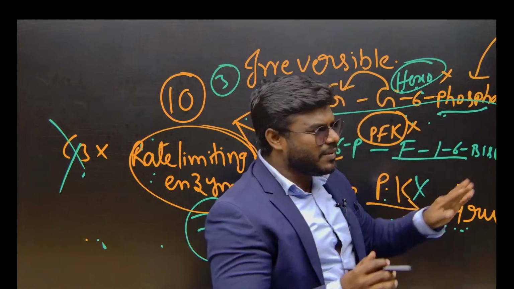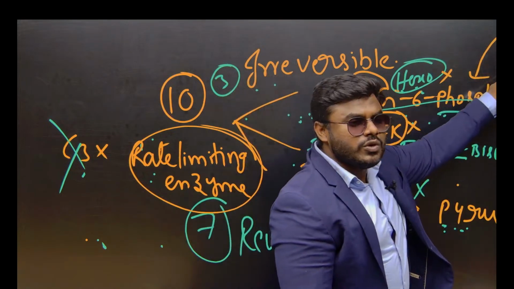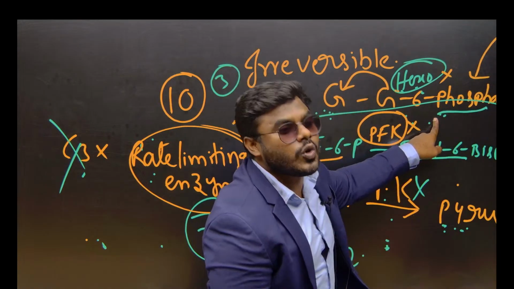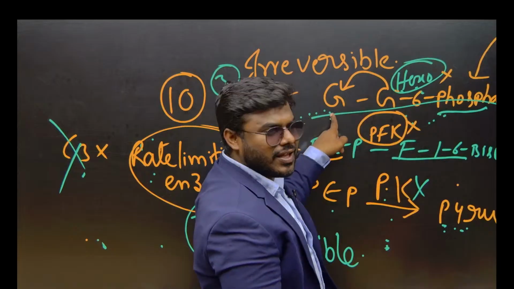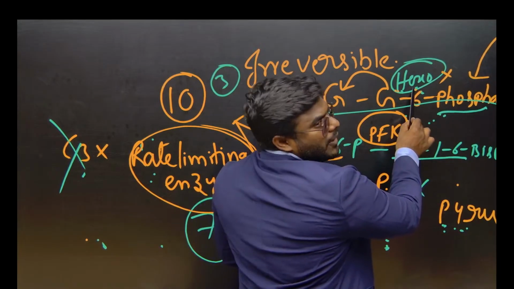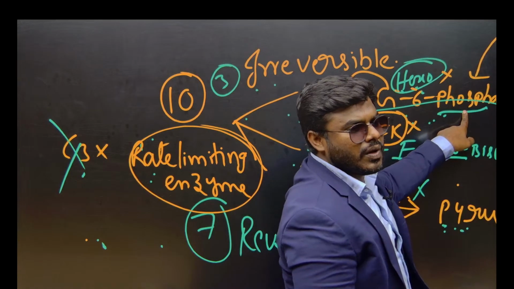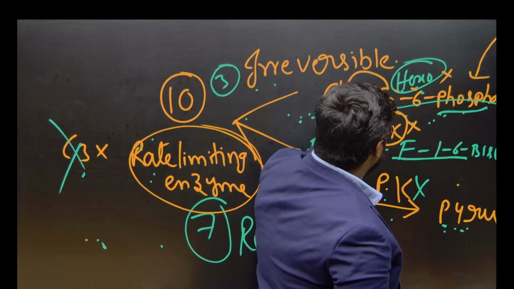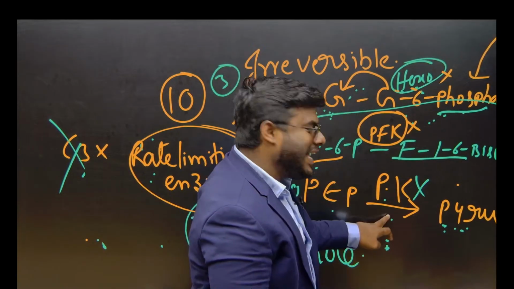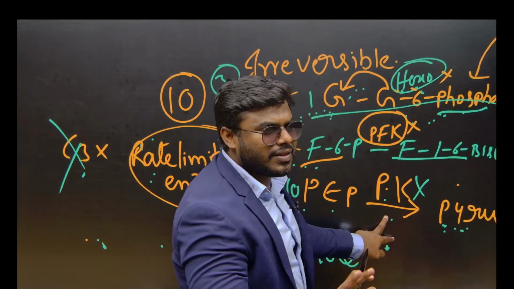But what is my point here? By breakdown of glycogen also I can produce glucose 6-phosphate. So even though this enzyme is absent, I can produce glucose 6-phosphate. So maybe step 1 and step 10 are both irreversible reactions, but the enzymes are not rate limiting.